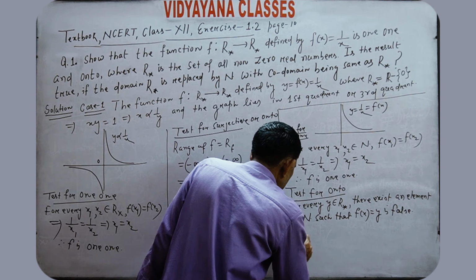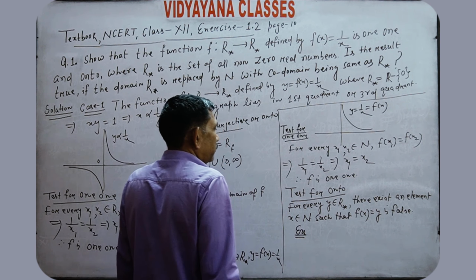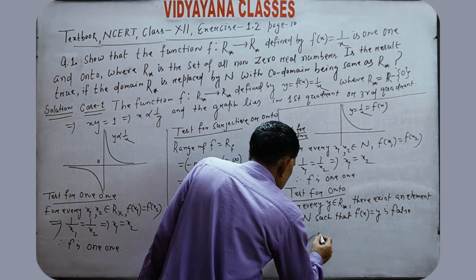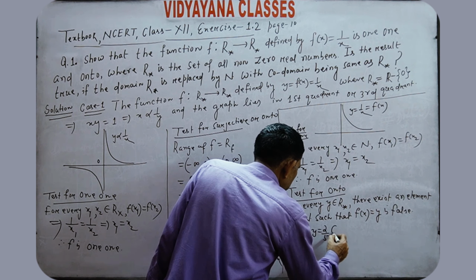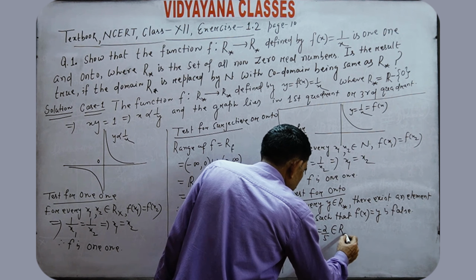For example, y is equal to 2 by 5 belongs to R star.